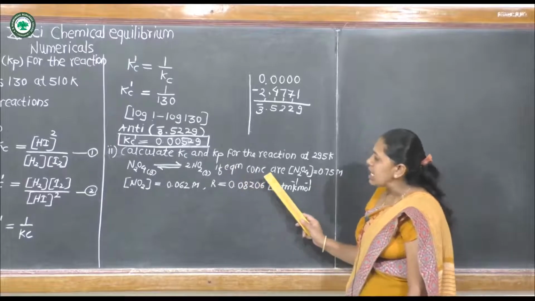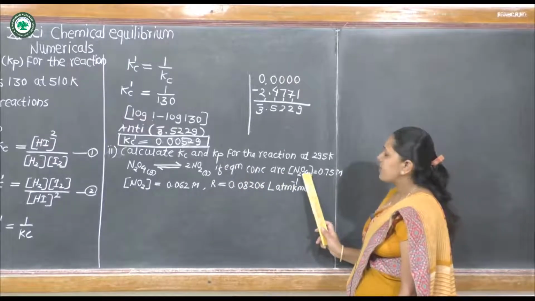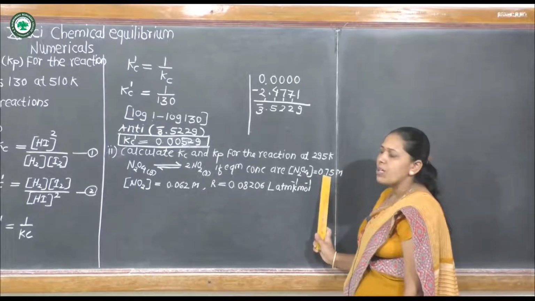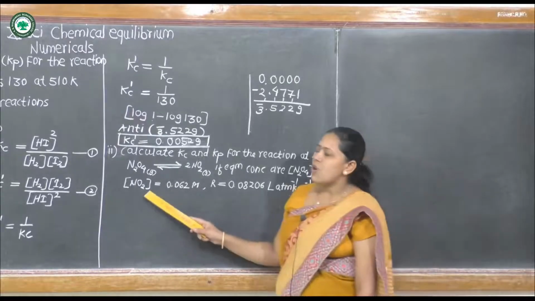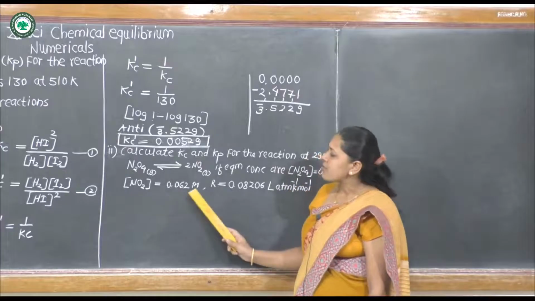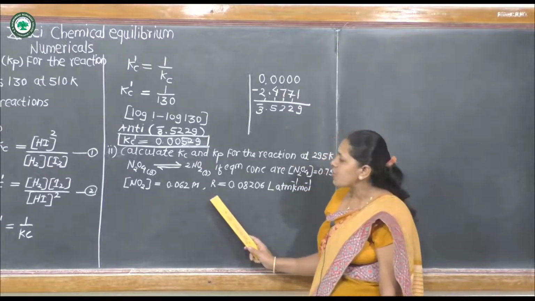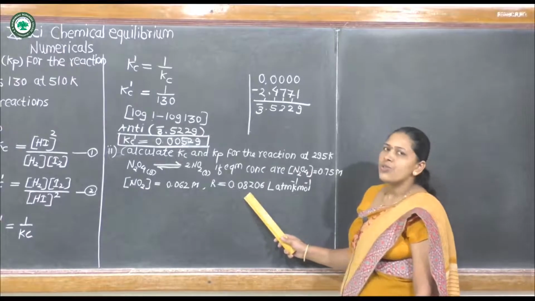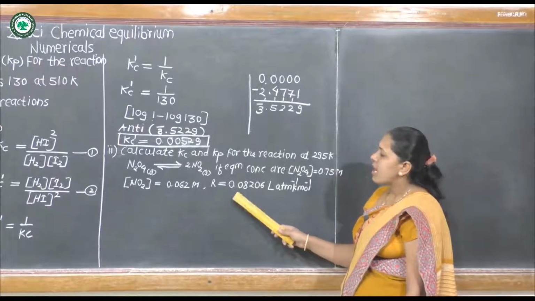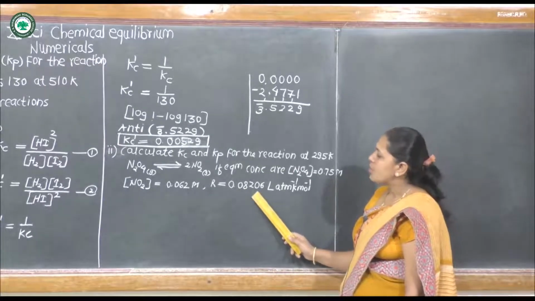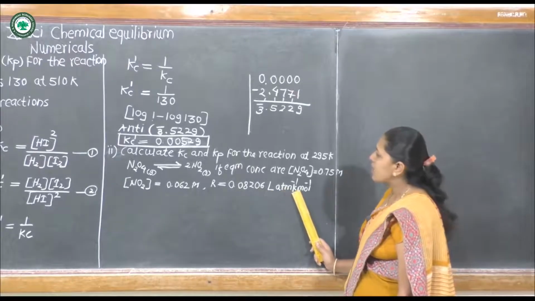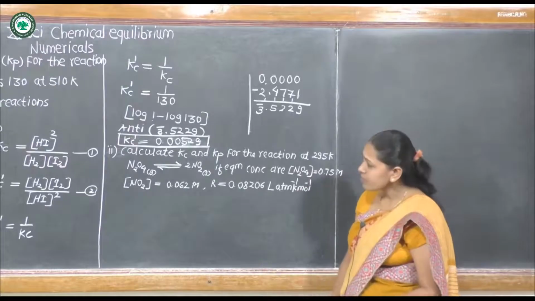If equilibrium concentrations are, concentration of dinitrogen tetroxide is equal to 0.75 molar and concentration of nitrogen dioxide is equal to 0.062 molar, and here value of R, that is universal gas constant, is given. R is equal to 0.08206 liter atmosphere per Kelvin per mole.